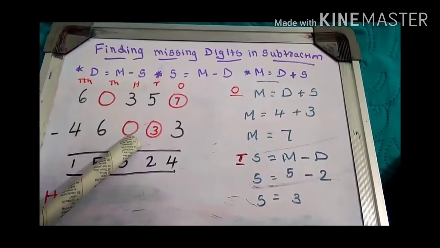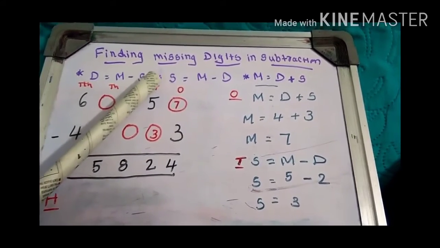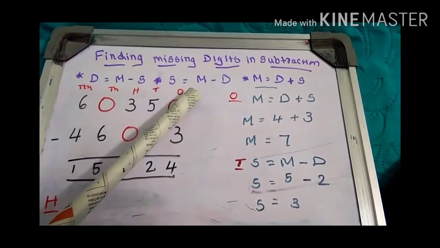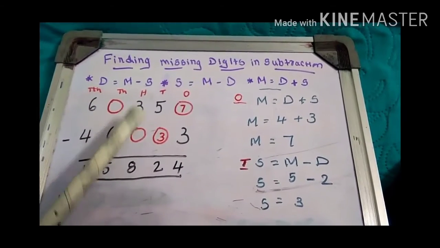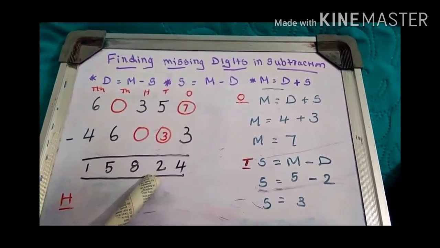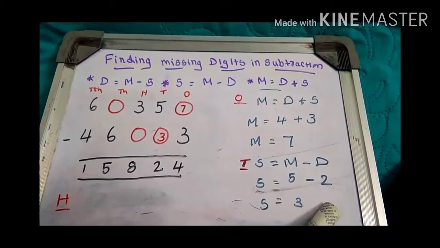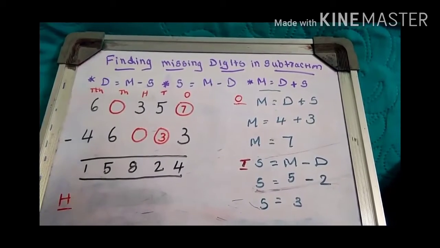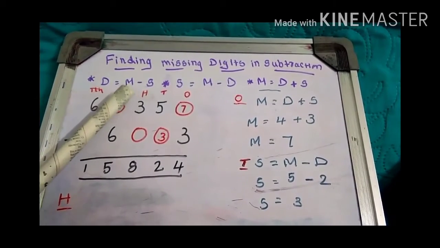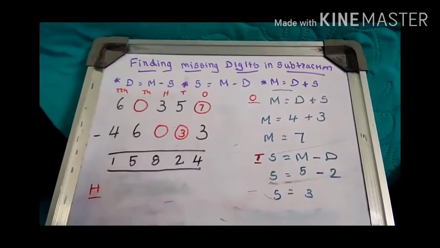In the ones place you have to find it. To find the minuend, difference plus subtrahend, that is 4 plus 3 is equal to 7. To find the subtrahend, you have to subtract minuend minus difference. So 5 minus 2, that is 3.